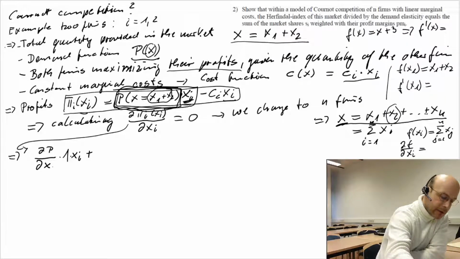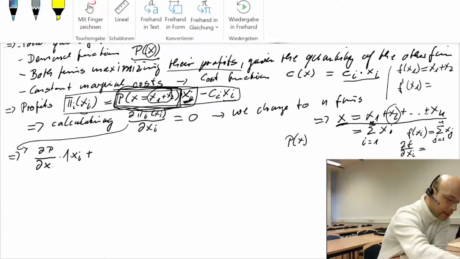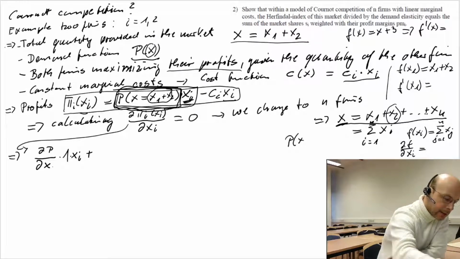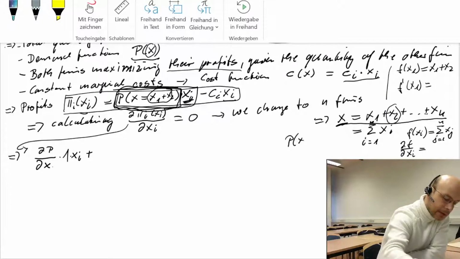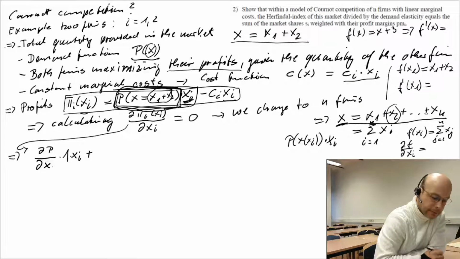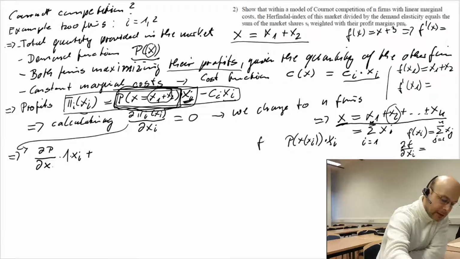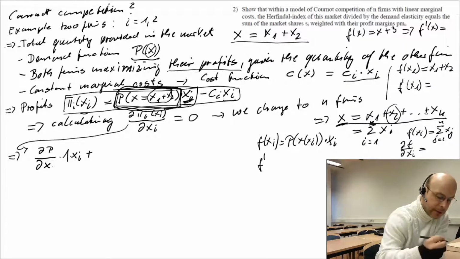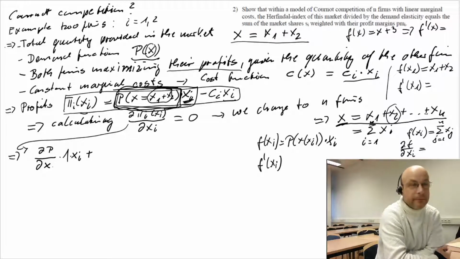So what we have is p of x and, so to speak, x itself is a function of xi, times xi. This is our function of xi, and we should calculate f prime of xi.